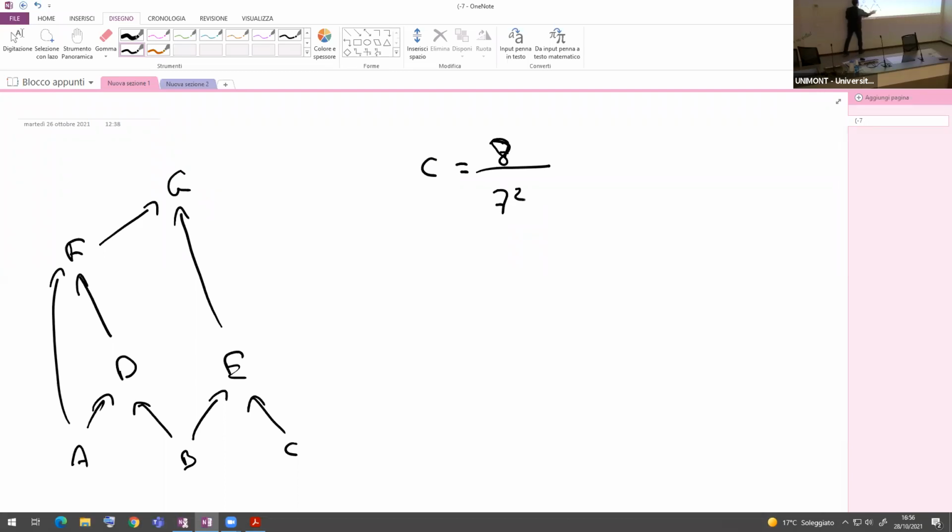So 8 links divided by 7 squared species. Okay, and this is 0.16. So the connectance of this community would be 0.16.